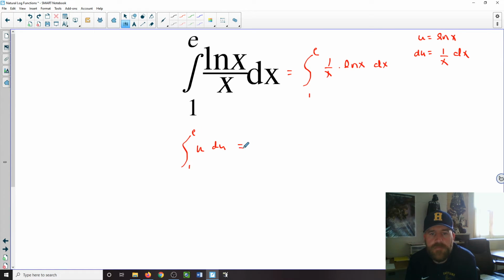When we integrate, we raise a power and divide by the power. So we have 1/2 of our u, let me do brackets here, from 1 to e.